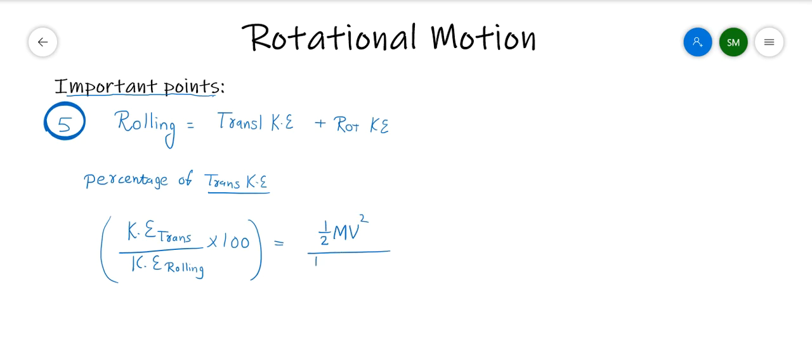The denominator contains the rolling kinetic energy, which is half mv square in the bracket 1 plus k square by r square, into 100. So this gets cancelled. So we have the formula 1 upon 1 plus k square by r square into 100. We can solve this further as well, but I suggest you keep this in mind. No need to solve it further.